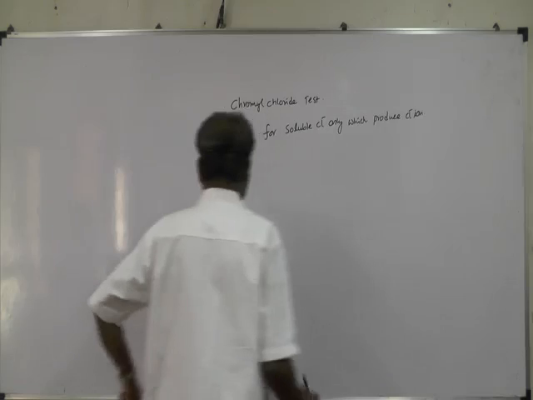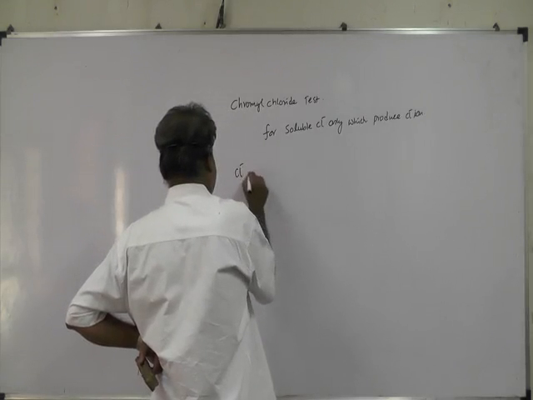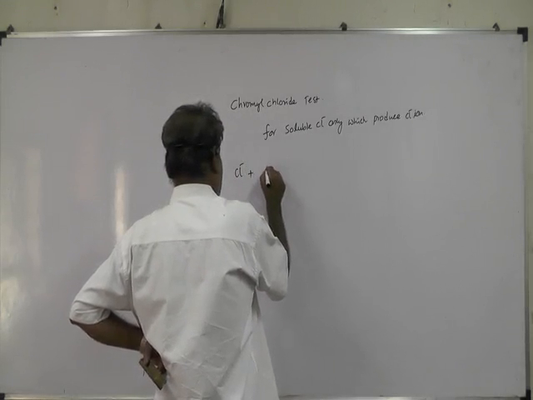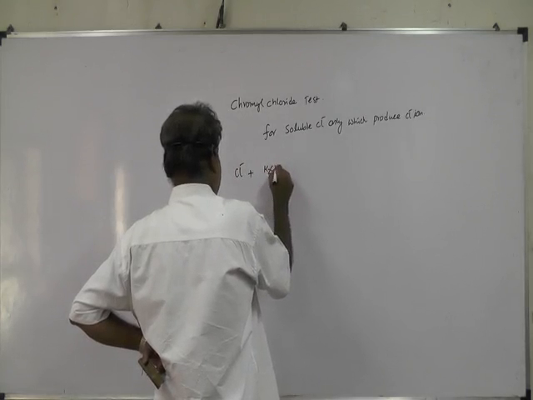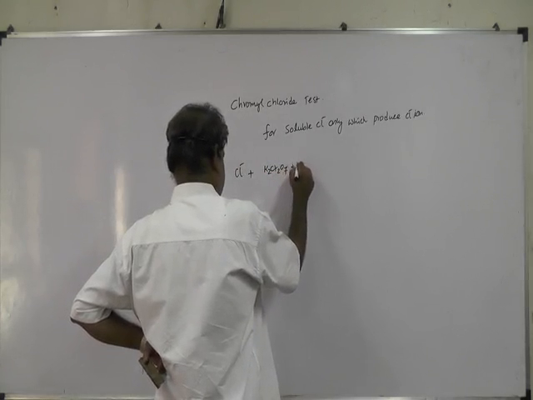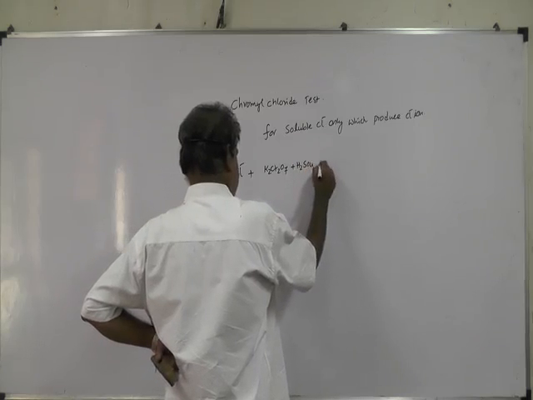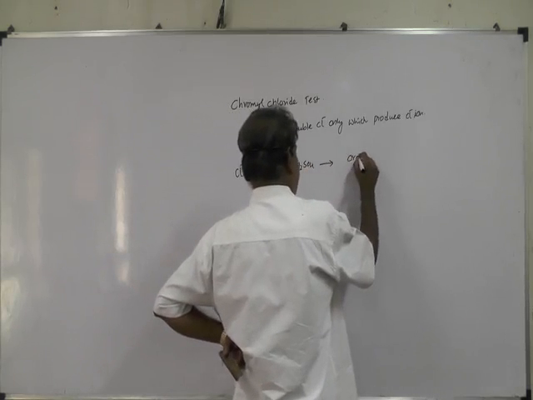Now, K2Cr2O7 plus H2SO4. Orange red vapors.